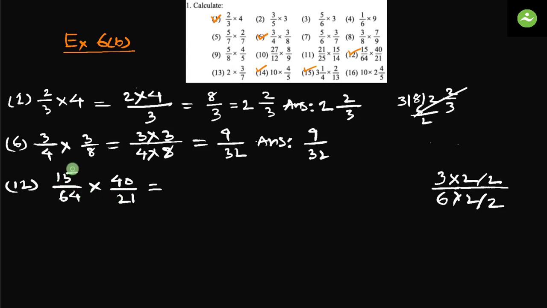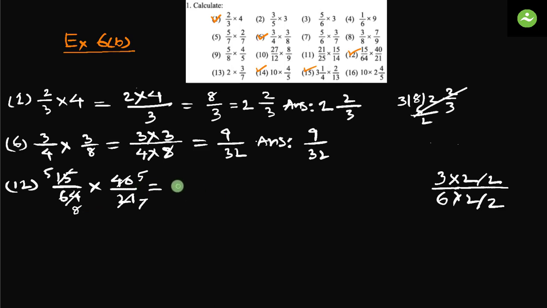15 divided by 3 is 5. 21 divided by 3 is 7. Now we can divide 64 and 40 by 8. 40 divided by 8 is 5, and 64 divided by 8 is 8.